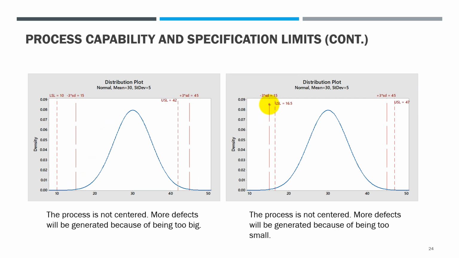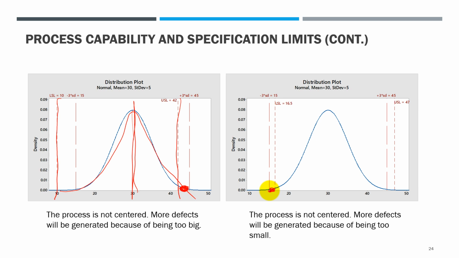This is demonstrating a process that is not centered when we compare it against the specification limit. The spec limit is here, and your process is here, right? So the process average is not centered when you compare it against the spec limit. It will generate a lot of oversized junk. For this one, it will generate a lot of undersized junk.